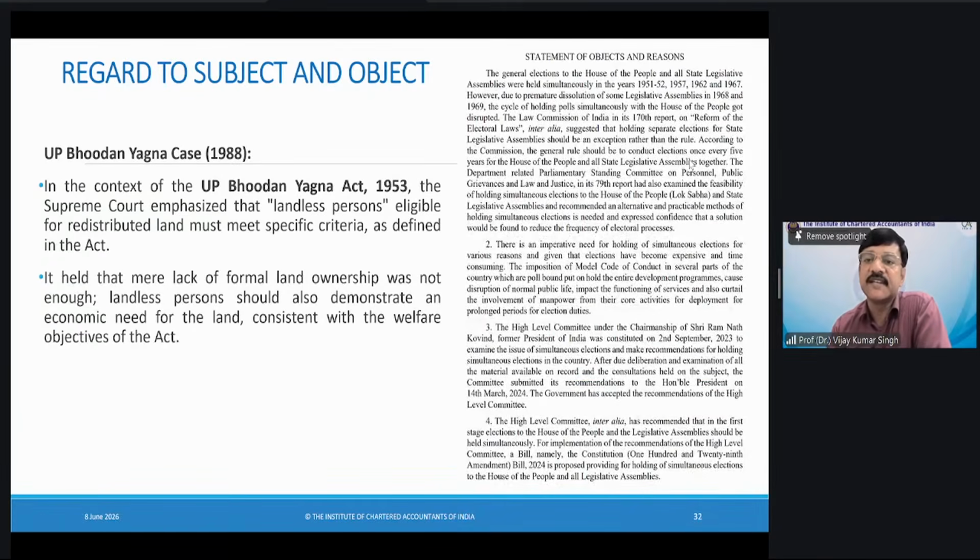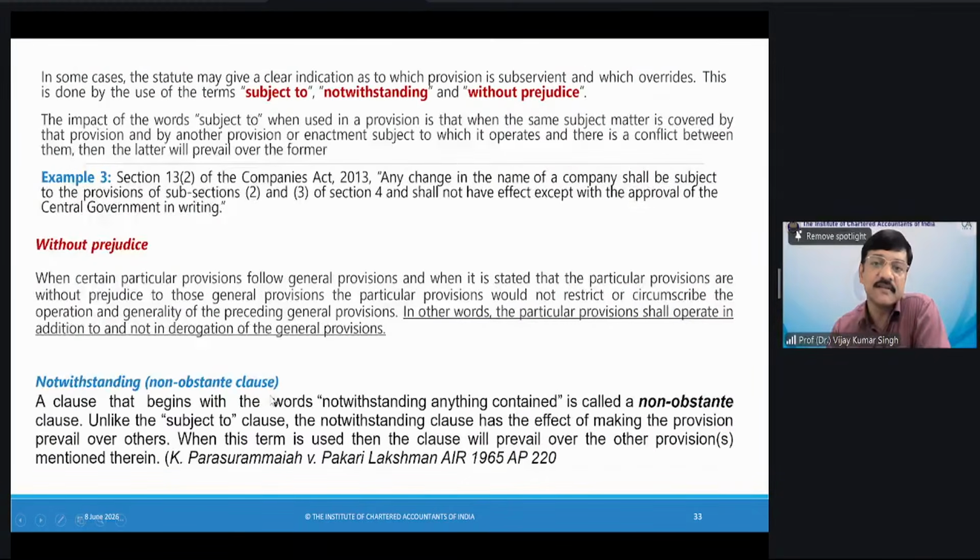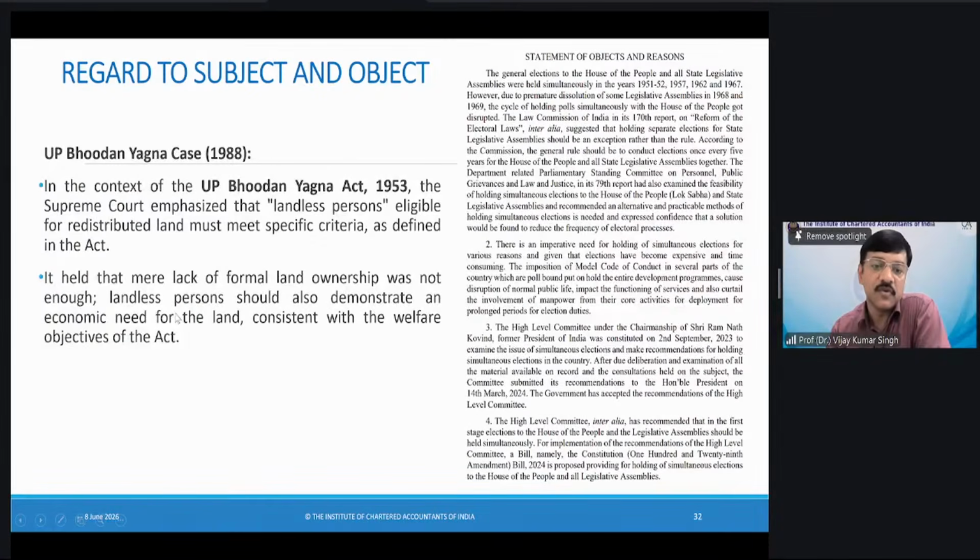If you see the object and reason of this particular law, they clearly laid down the idea behind it. You have to see that there has to be land ownership for poor people so that they can meet their economic needs.